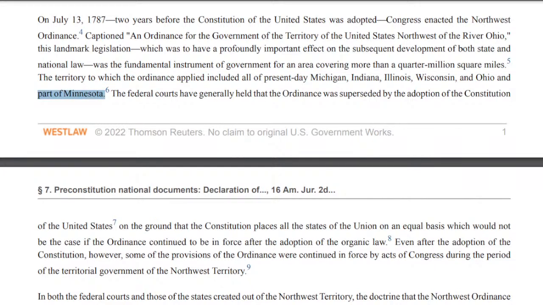and part of Minnesota. The federal courts have generally held that the ordinance was superseded by the adoption of the Constitution of the United States on the ground that the Constitution places all the states of the Union on an equal basis, which would not be the case if the ordinance continued to be in force after the adoption of the organic law, which is the Constitution. Okay, so even after the adoption of the Constitution, however, some of the provisions of the ordinance were continued in force by acts of Congress during the period of territorial government of the Northwest Territory.